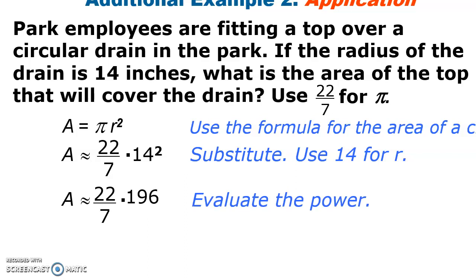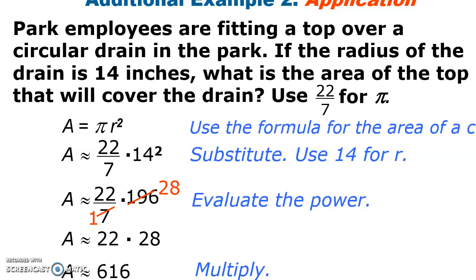And I already know that that's a multiple of 7 because 14 is a multiple of 7. So I can cross cancel those out, and I end up with 616 inches squared. Okay, they don't have that unit there. Make sure you add that.